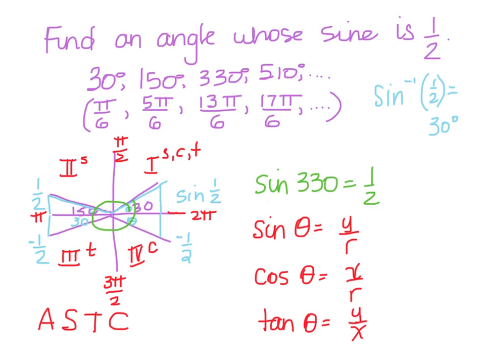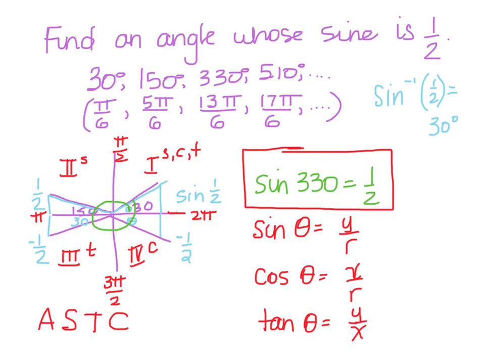Now, the next thing I want to talk about is this whole issue of how many angles have a sine of 1/2. Well, you could put in sine of 30, you could put in sine of 150 in your calculator, you could put in sine of 330 in your calculator. They all have sine of 1/2.